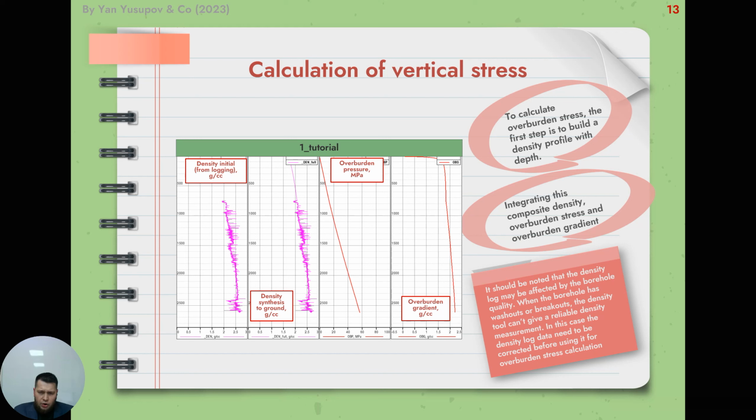When the borehole has washouts or breakouts, the density tool cannot give a reliable density measurement. In this case, the density log data need to be corrected before using it for overburden stress calculation.